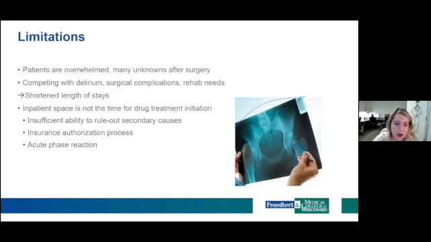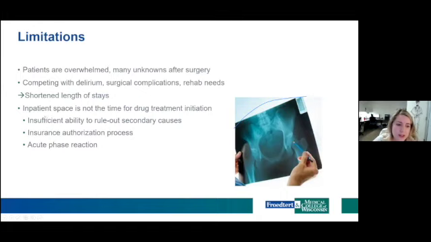If you're like our institution, there's a big focus on shortening our length of stays. So it's, again, all about finding that sweet spot where the patient is able to have a conversation with you, but that you're not doing it at the final hour before they're getting wheeled out the door.